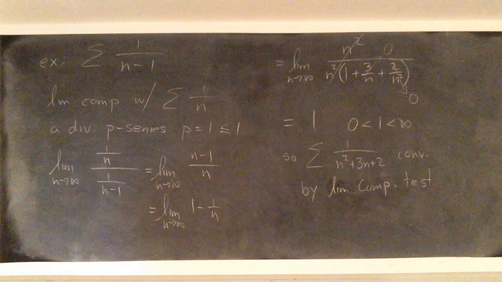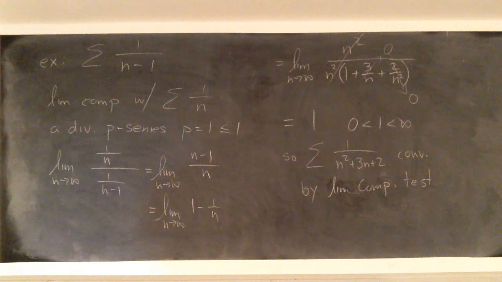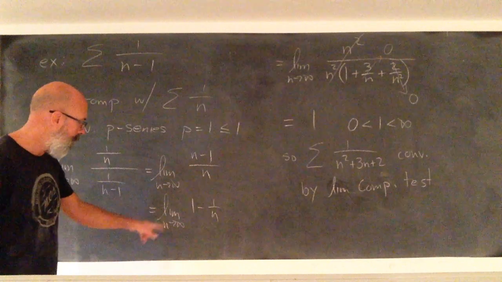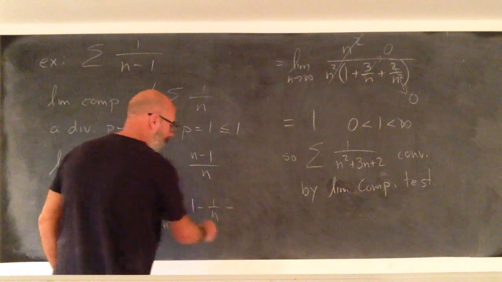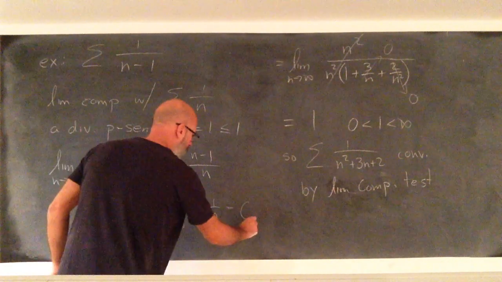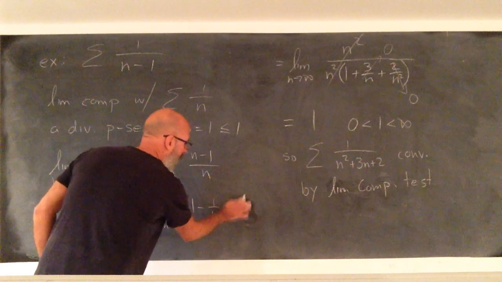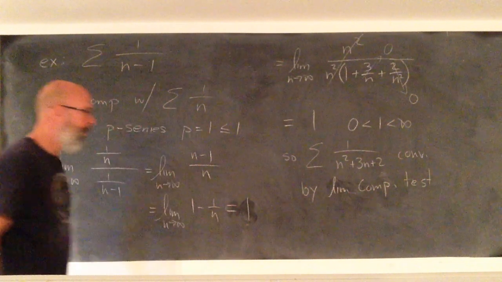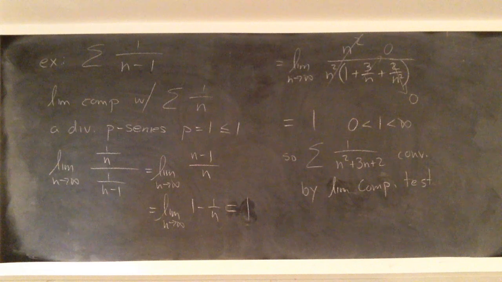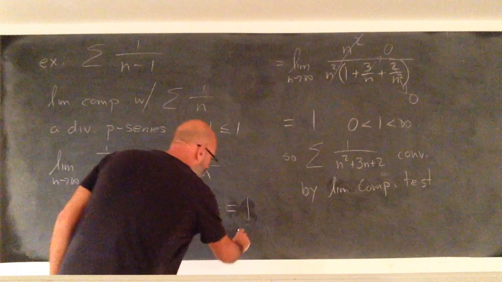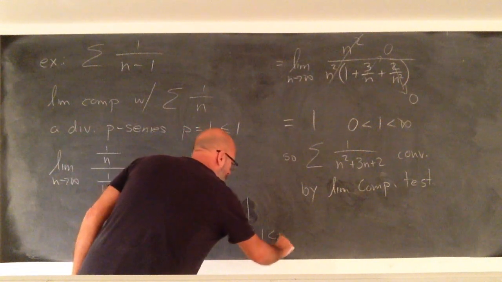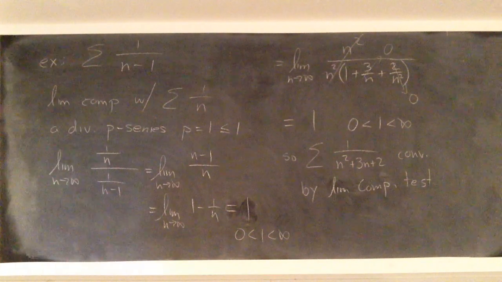Or you can do L'Hopital's rule, or you can factor out an n from the numerator. Bunch of options. And that limit is easily seen to be not 0, but 1. Once again, 1 is between 0 and infinity.